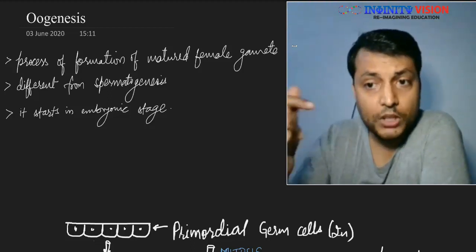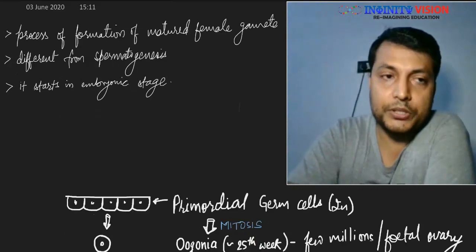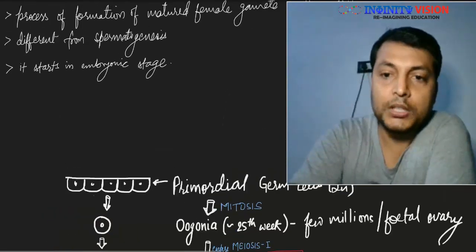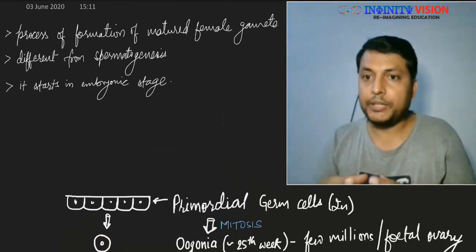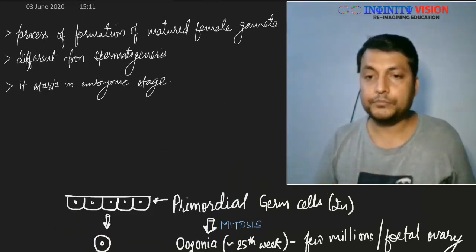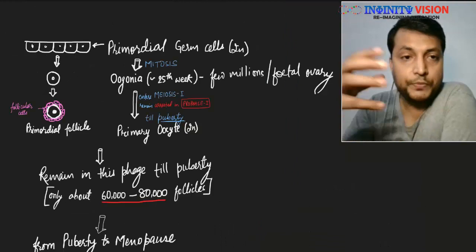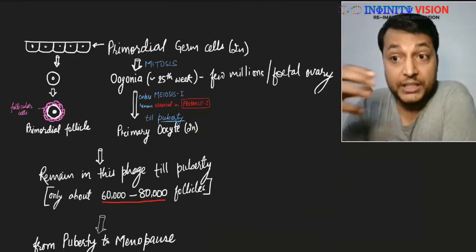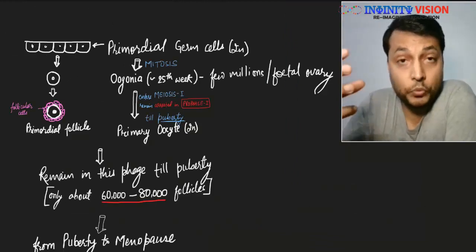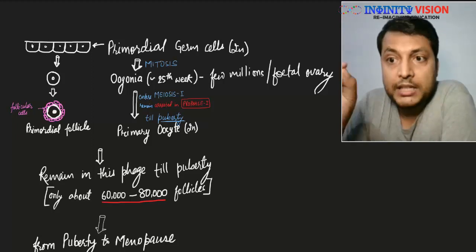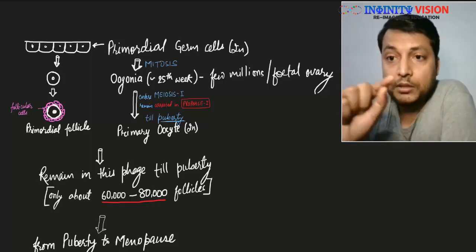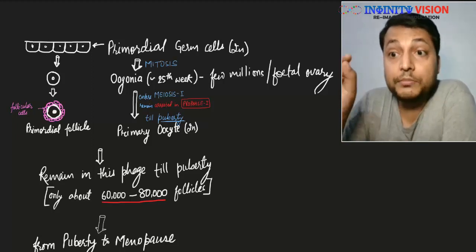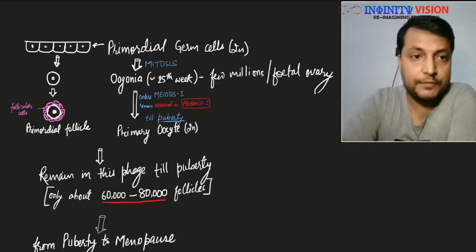So let us start the process of oogenesis. We will start from the embryonic stage when this process initiates. What we find is, in the fetal condition, when the ovary is being developed, there is a lining of epithelium called germinal epithelium. Let me draw it for you.